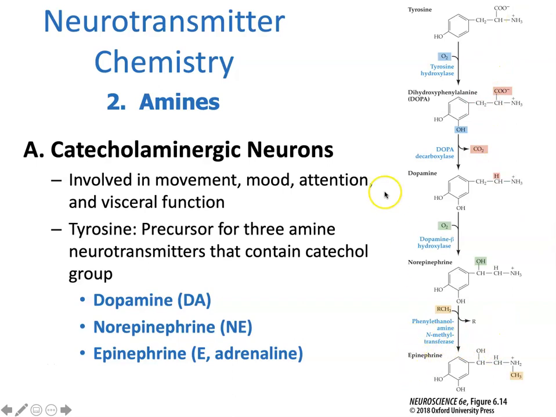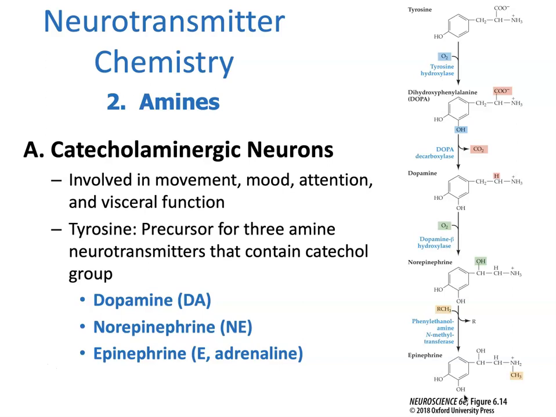You find that with each of these, dopamine, norepinephrine, and epinephrine, this catechol is a part of their structure. That's why they fall into this category of catecholaminergic neurons. Epinephrine you probably know as adrenaline, and norepinephrine as noradrenaline.